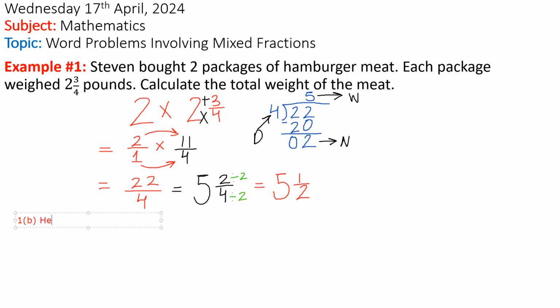He divided the meat into 1 over 4 pound hamburgers or hamburger patties.